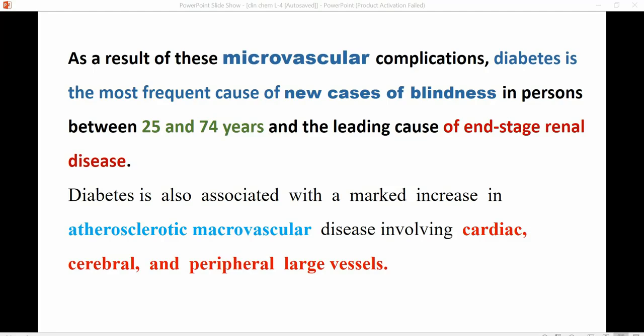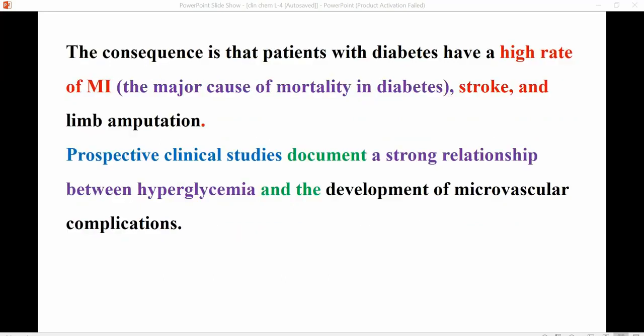On the other side, the macrovascular complications result from atherosclerosis and involve both the cardiac and vascular systems. As a consequence, patients with diabetes have a high rate of myocardial infarction, which increases the mortality rate in diabetics, and also a high rate of strokes and limb amputation.